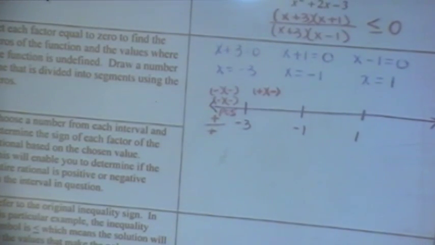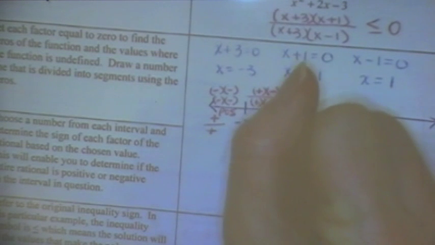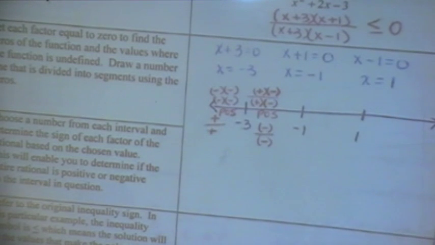If I plug a negative 2 right here with that x plus 3, that piece comes out positive. If I plug a negative 2 right here, this piece comes out negative. Alright, positive and negative on top means the top is negative, the bottom is negative. That makes this entire piece positive. A negative over negative becomes a positive.